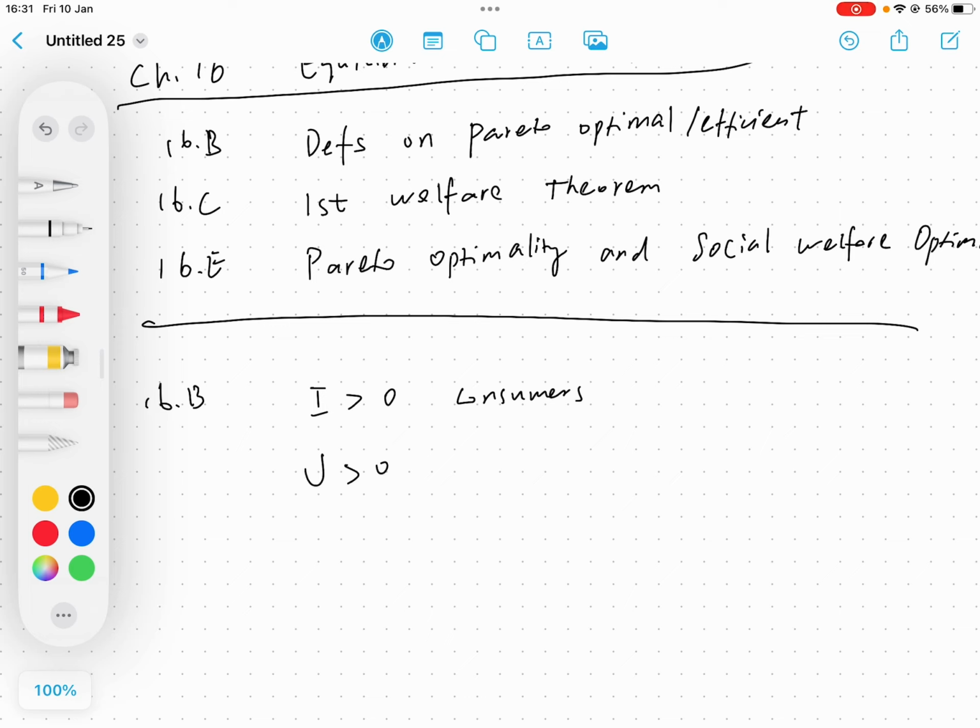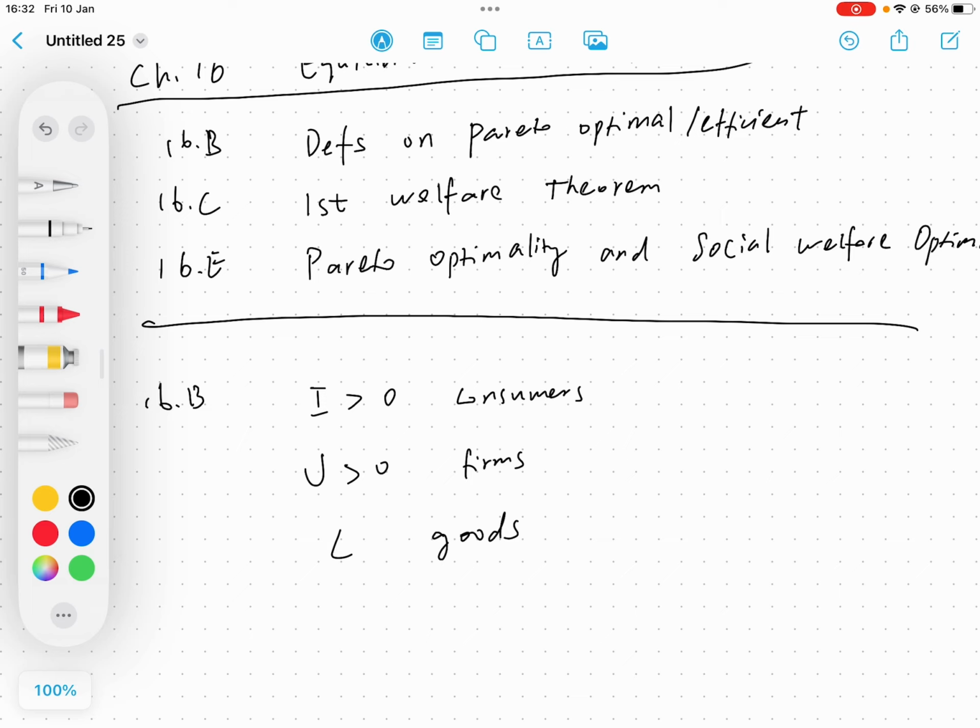And there are J firms or producers. And there are L commodities, or L goods. And the commodities can be consumption goods, or they can be inputs or outputs of the firm.